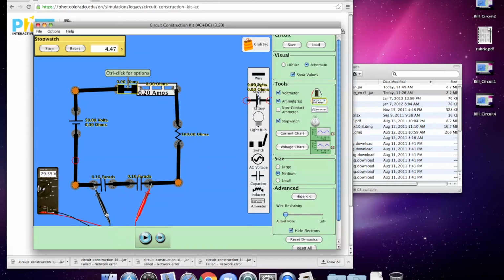Of course, if I were to measure V across one capacitor, it would be a value of 14.77 volts, or half the voltage drop across the two capacitors. Now if I go up here and measure the voltage drop across the resistor, I get VR equal to 20.45.